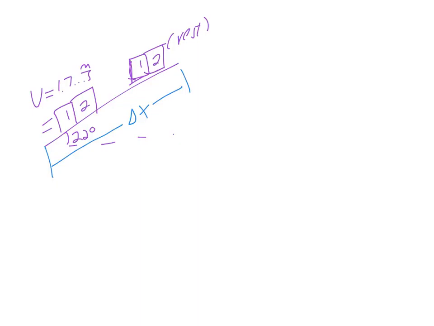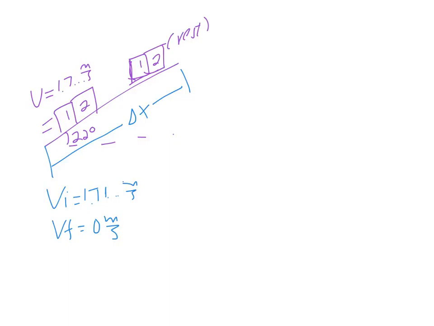What do we know? Well, we know V initial, 1.71, keeps on going, meters per second. We know V final is 0. We don't know any kind of time. We don't know acceleration. We don't know delta x. But let's draw a force diagram for the block as it's going up the incline.